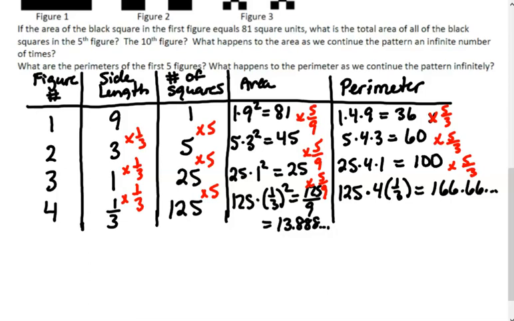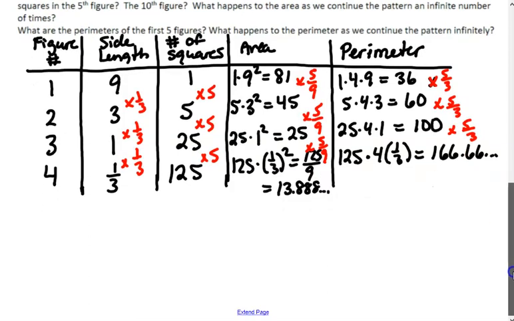So we could actually find the sum of the area, but the perimeter is going to infinity. If we keep multiplying by 5/9 each time, this number is going to get smaller and smaller. The terms, the area, are going to get close to 0, while the perimeter is going to infinity.